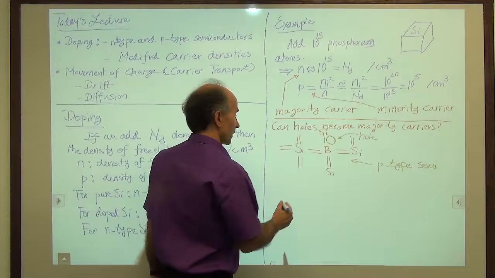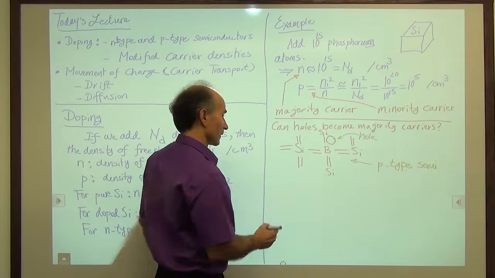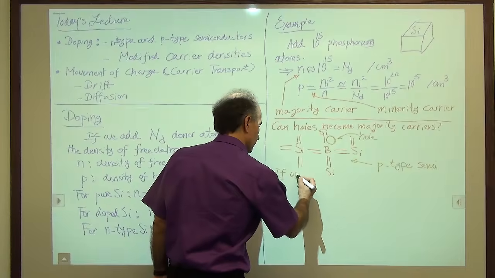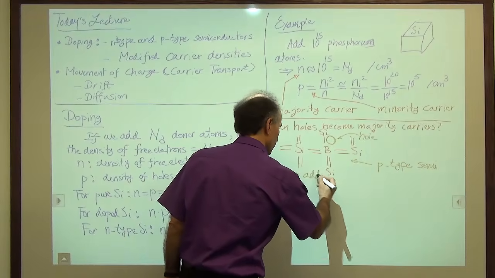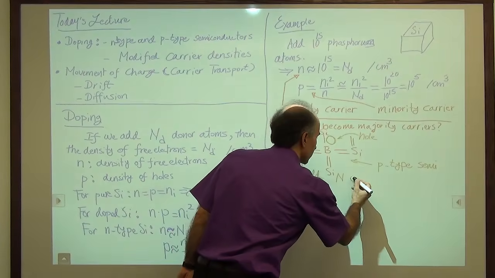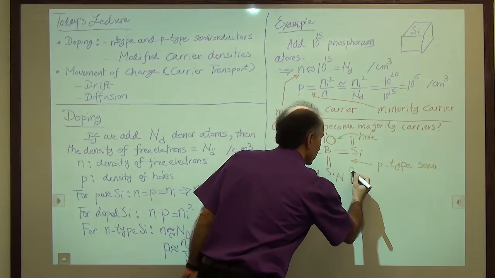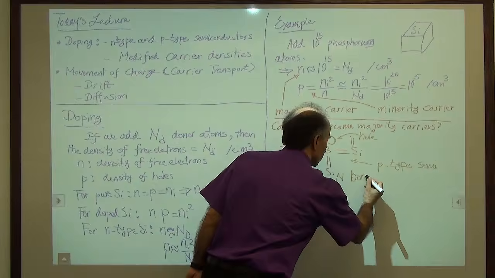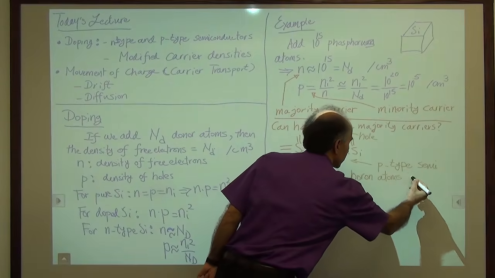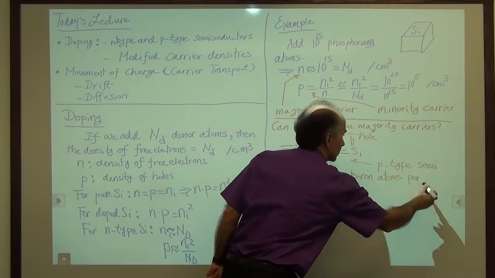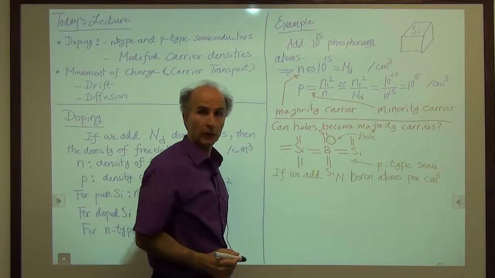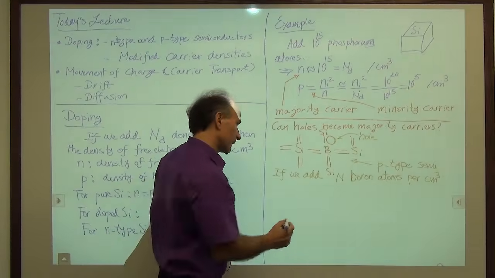And now we can repeat these equations. So let's say we add n boron atoms per cubic centimeter of silicon.